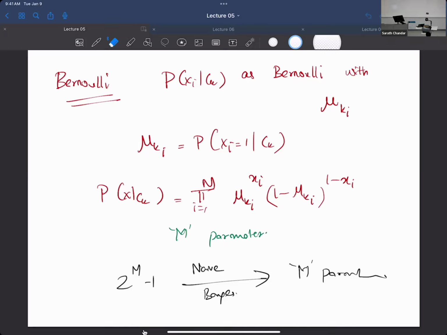This is just a compact notation for the probability. So by making this naive-Bayes assumption, we have reduced the number of parameters from 2 power m minus 1 to m, which is a significant reduction. From an exponential number of parameters, now we need only m parameters.